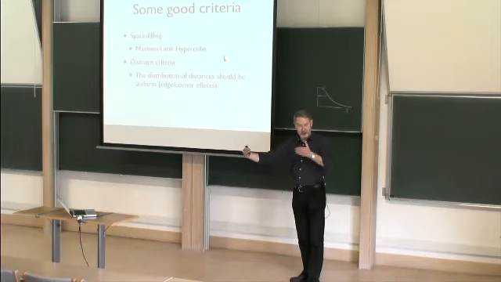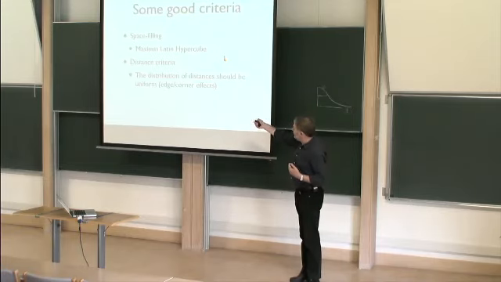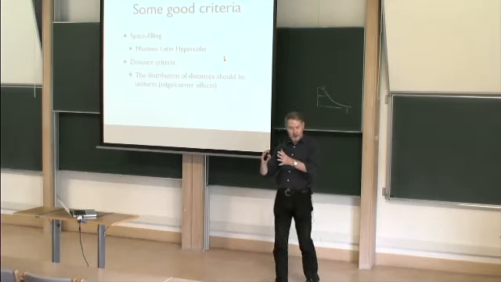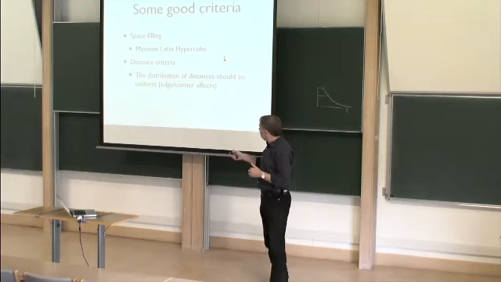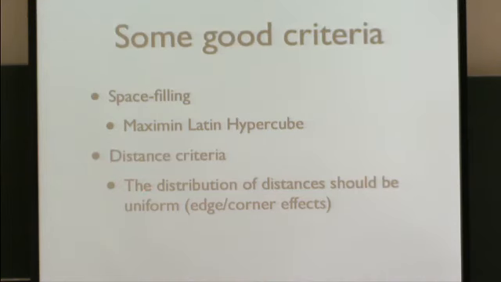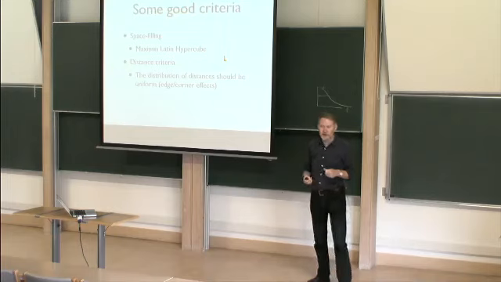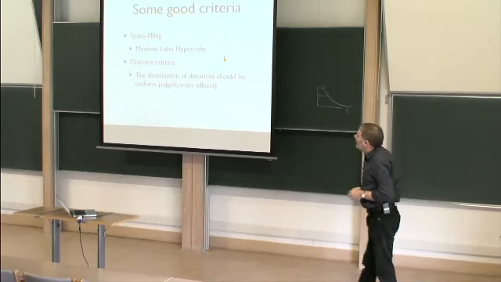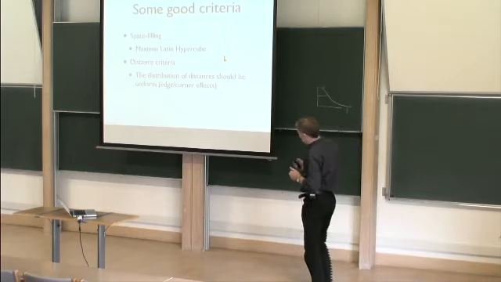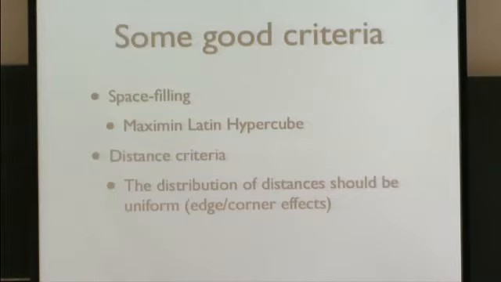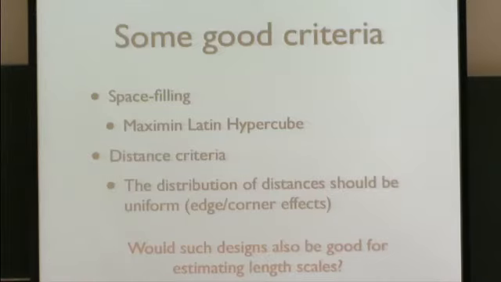We want the distribution of distances from the original points to be approximately uniform, though you have to be a little bit careful here because if you're working in the unit cube, you can't get some distances, you get too long distances. And so we have these two criteria, and you could think that, well, I was talking a minute ago about estimating length scales.